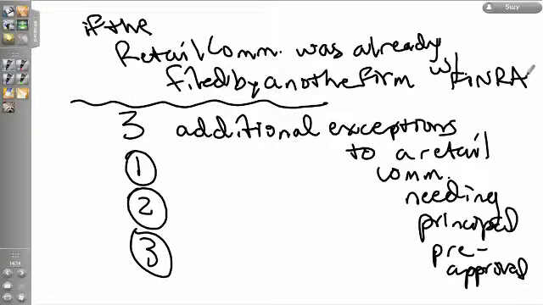So these 3 additional categories of retail communications that are exempt from the principal pre-approval rule include any retail communication that is excepted from the definition of research report unless the communication makes any financial recommendation or investment recommendation. So if it makes an investment recommendation or a financial recommendation, it is not going to be exempt from principal pre-approval.